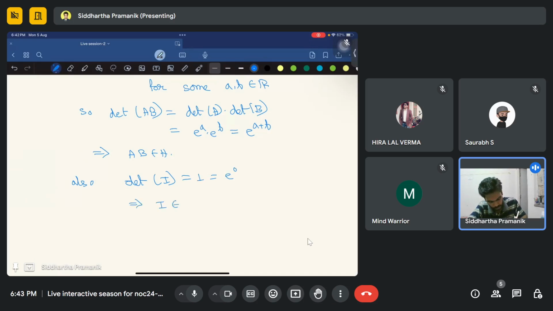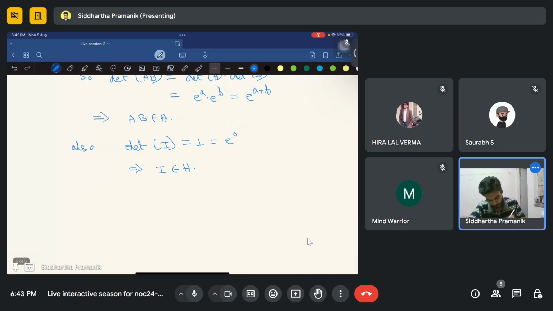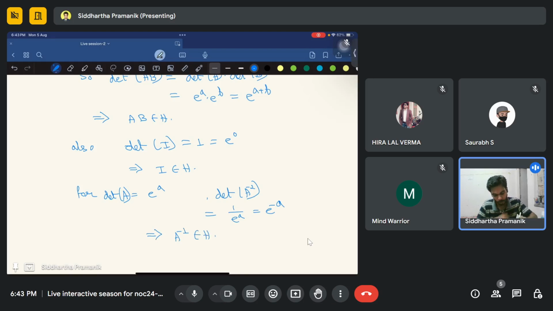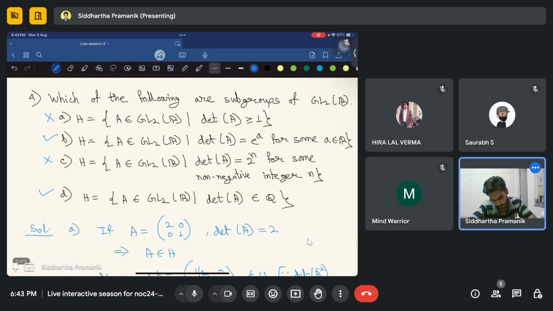So the identity element also belongs to H. And for determinant of A equals e to the power a, we know the determinant of A inverse is just 1 by determinant of A. So it is 1 by e to the power a, which is e to the power minus a. So this will imply A inverse belongs to H. So all three properties are holding. So B is a subgroup.